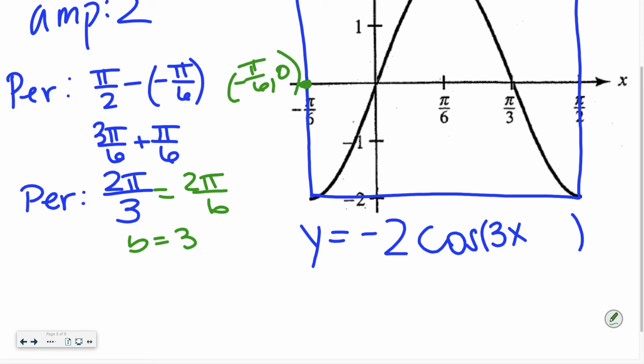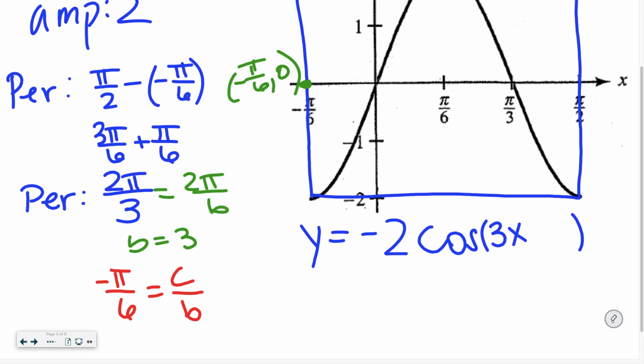But remember, the x-coordinate of our starting point, we calculate by taking c divided by b. All right, so in order to calculate our c value, we need to take our x-coordinate, and that needs to equal c divided by b. Do we know b?